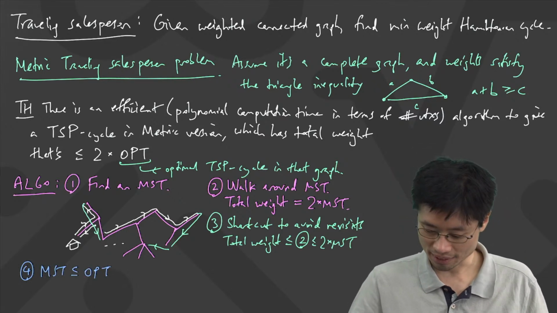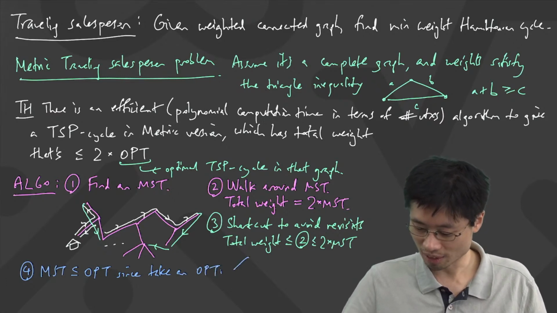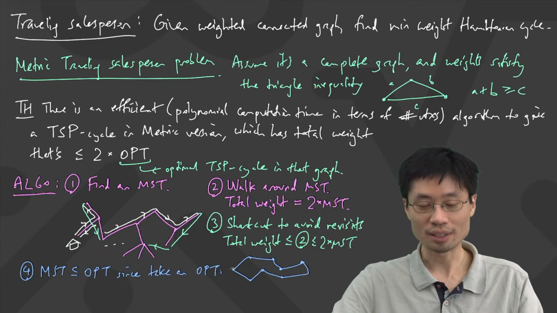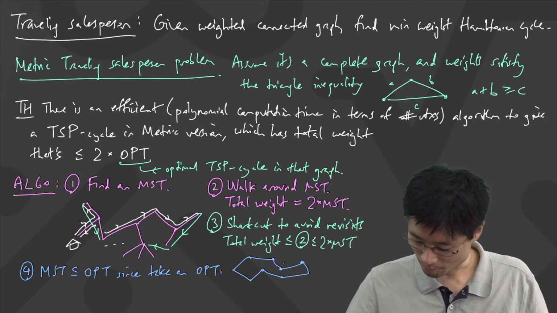And that's because, take an opt. What does an opt look like? It looks like a traveling salesperson cycle. Okay, going all the way around and doing stuff. Well, if that's an opt, let's just take away an edge for fun. Bam.